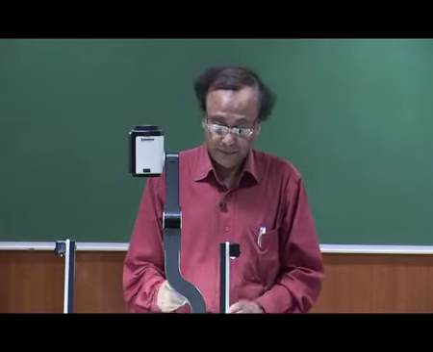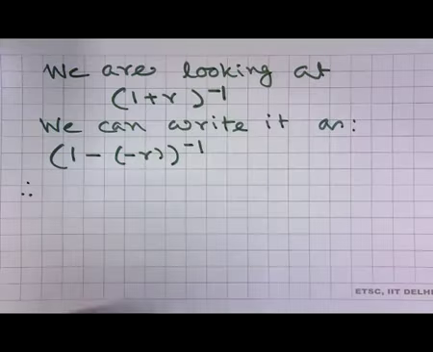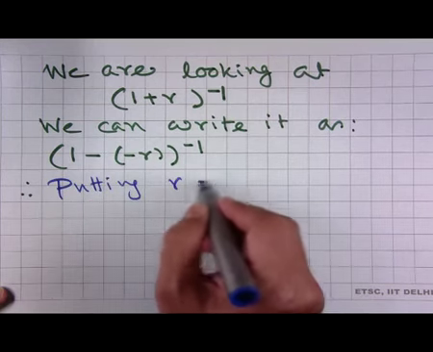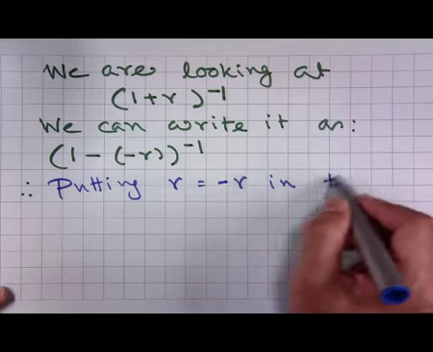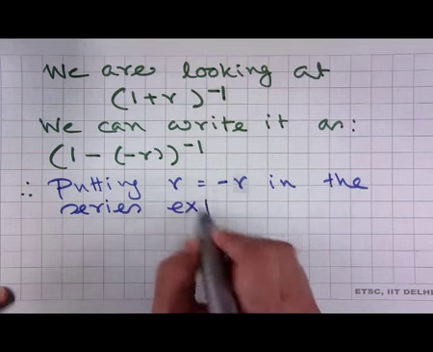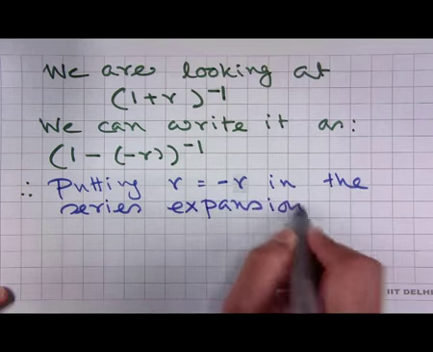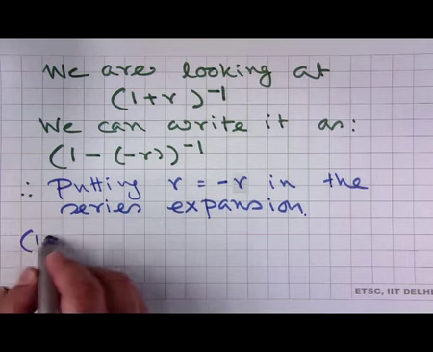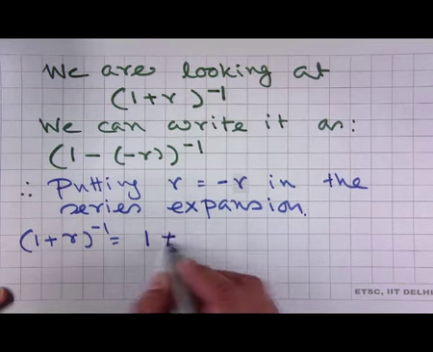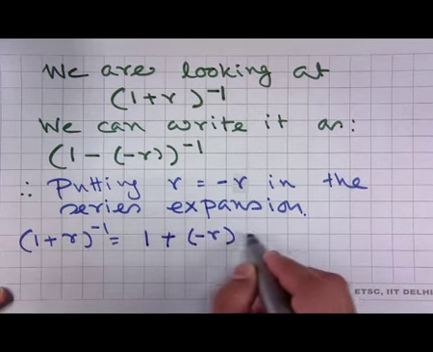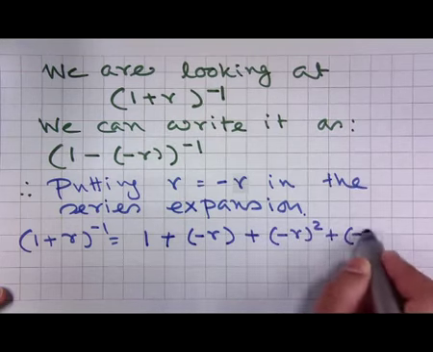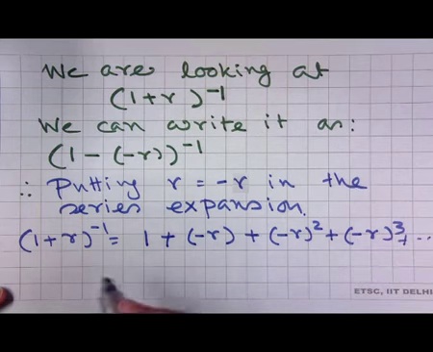Therefore, putting the value of r equal to minus r in the series expansion, we get 1 plus r whole to the power minus 1 is equal to 1 plus minus r plus minus r whole square plus minus r whole cube, like that.